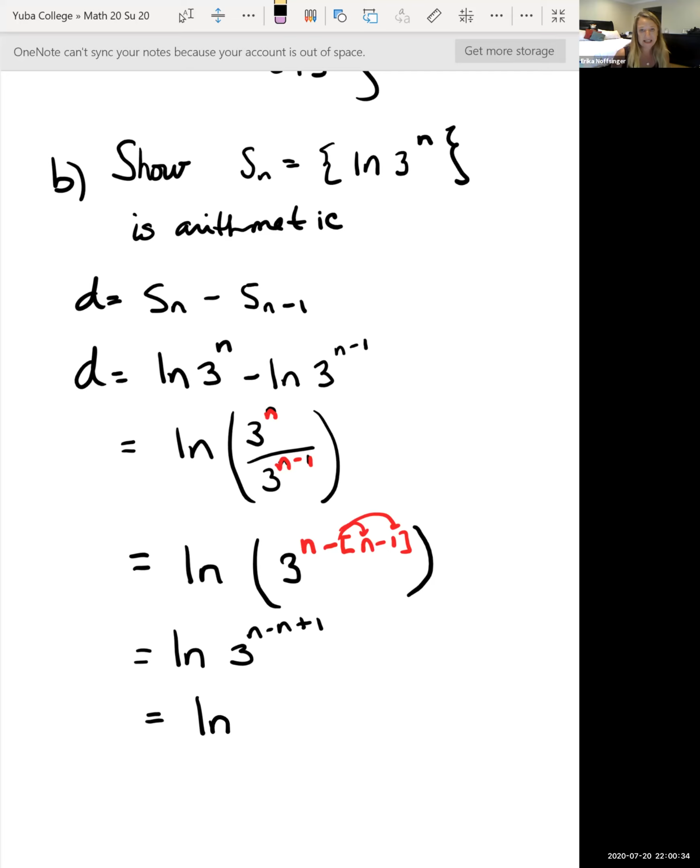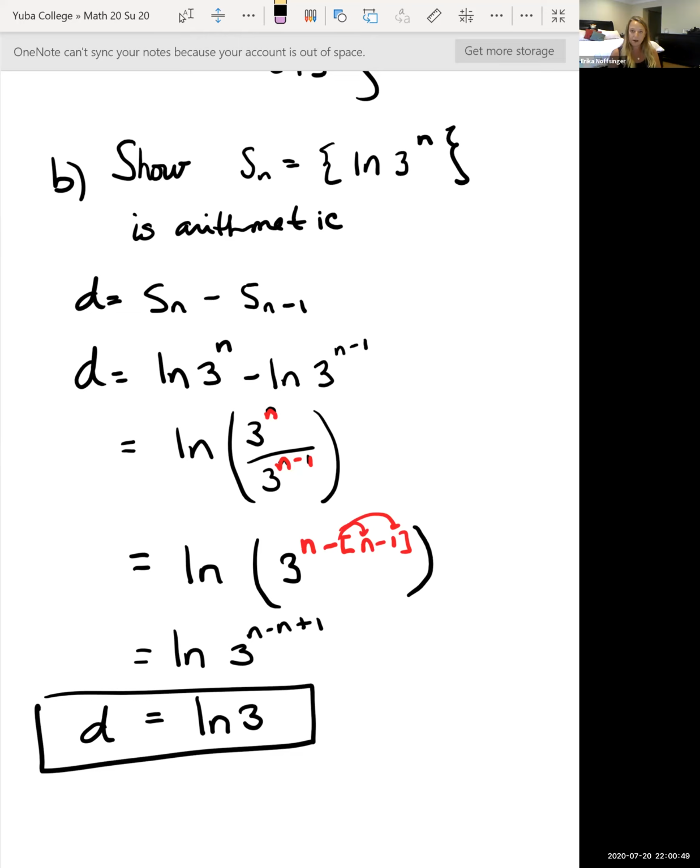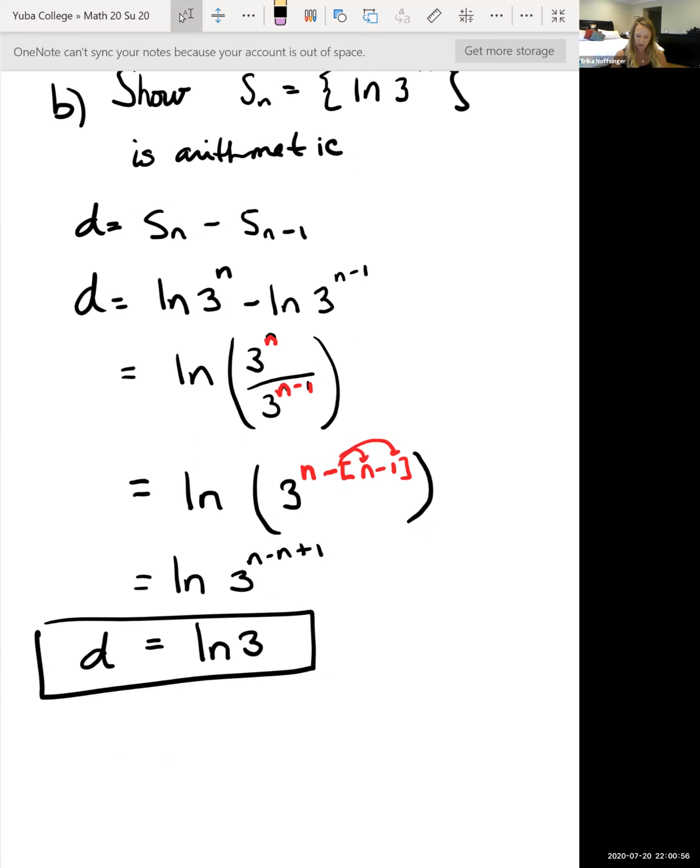Well, n minus n cancels in that exponent, and so we're just left with a 1 in the exponent, which we don't have to write. And so notice how we get natural log of 3 is what d is. And that is a constant. We are no longer left with n in our expression.